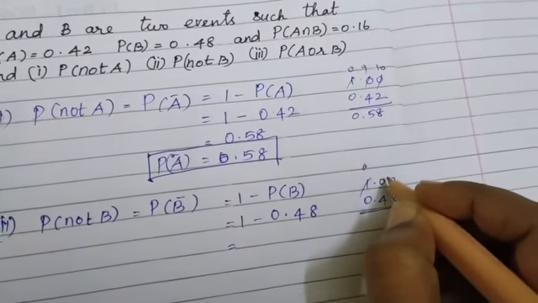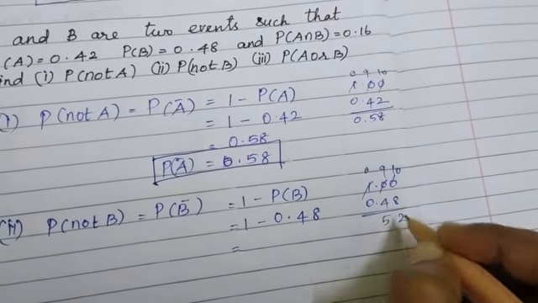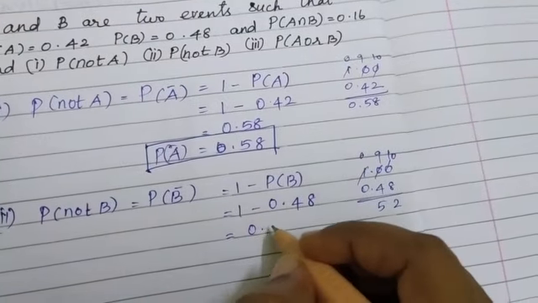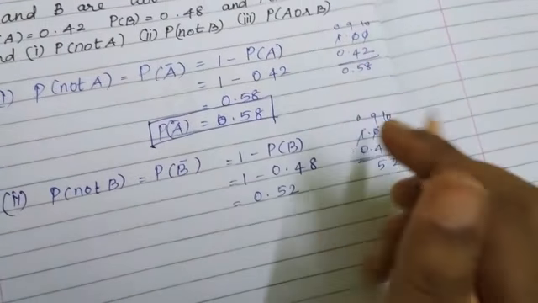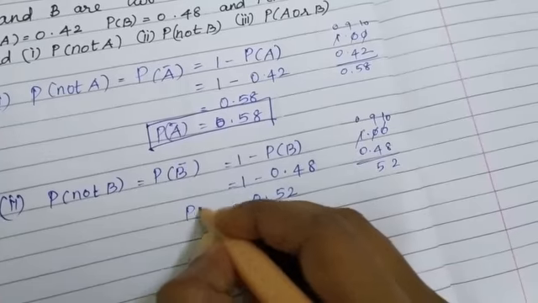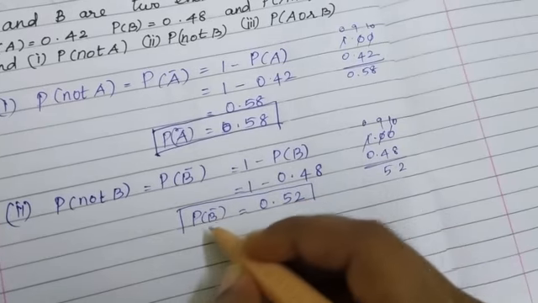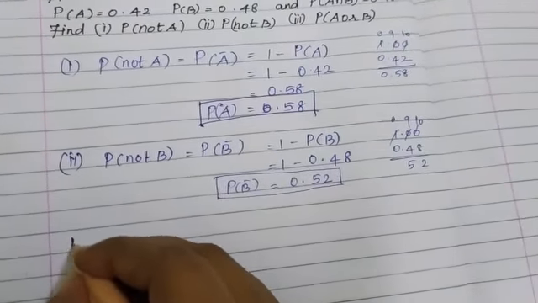So this borrow, this change into 9, this change into 10, so 5. So 0.52. So P of B bar is equal to 0.52.